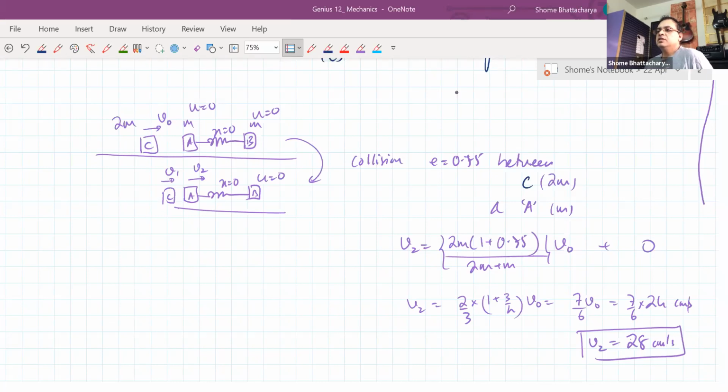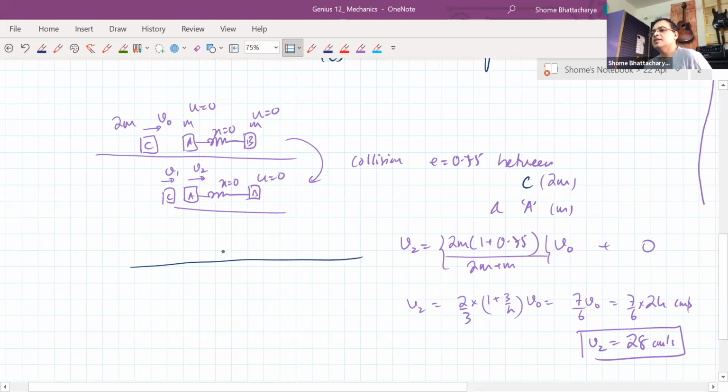So this is just after impact. Now we know from our previous knowledge, which we were discussing in the last few lectures, that when the spring reaches maximum compression, the relative velocity between A and B will be 0. So they will have a common velocity.